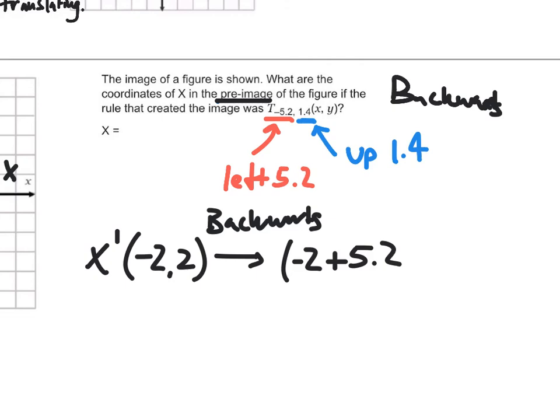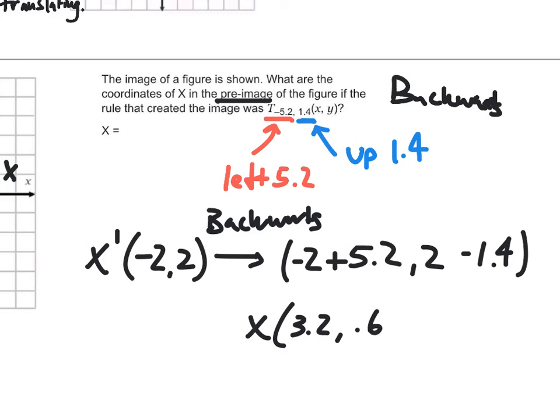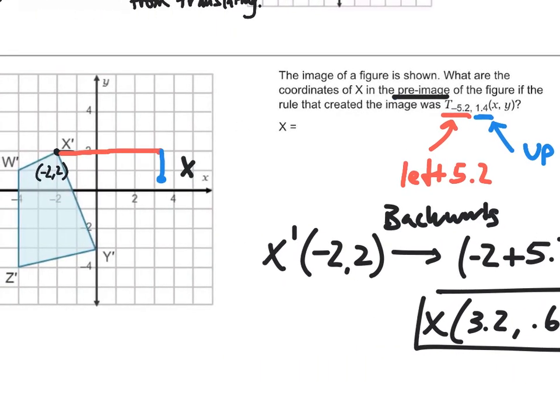And then I'm going to take 2 and subtract 1.4 from that. So negative 2 plus 5.2 is going to give me the value of 3.2. And then 2 minus 1.4 is just going to give me 0.6. So hopefully that point is pretty similarly located to 3.2 and 0.6. So it looks pretty decent.